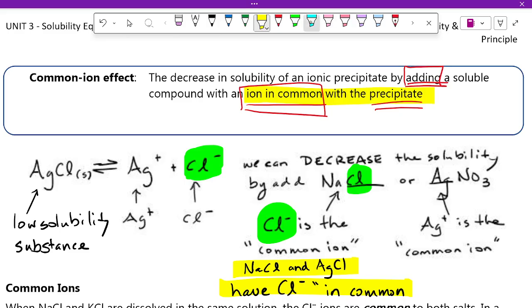Okay, so we have a decrease in solubility when we add an ion in common.